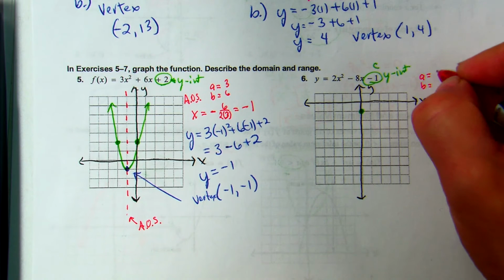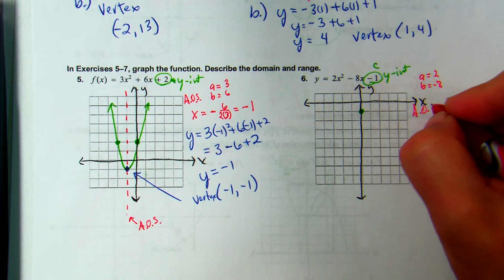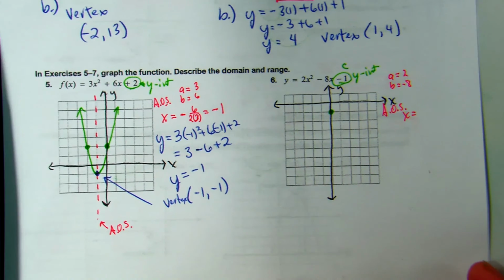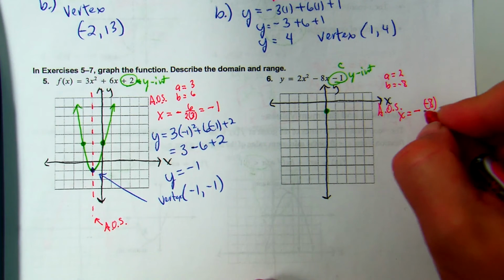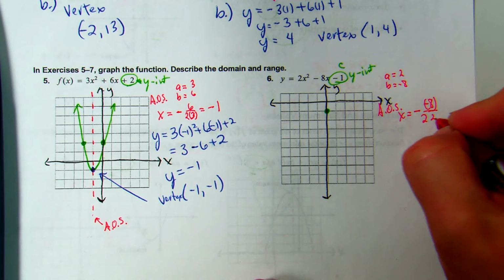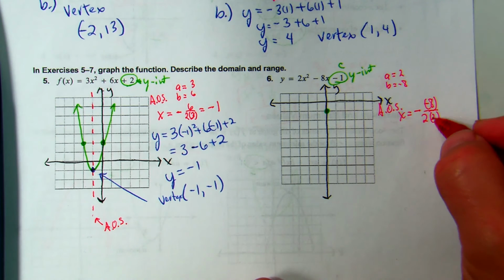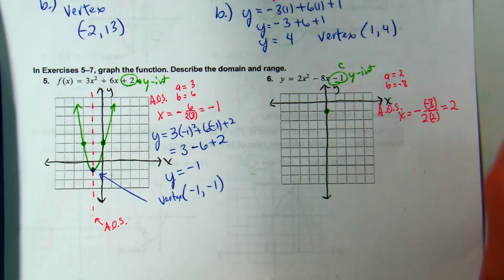Finding A and B, I can plug it in, so the axis of symmetry is going to be x equals negative 8 over 2 times 2. Okay, so negative negative makes a positive. 8 over 2 times 2, or 8 over 4, is going to equal a positive 2.